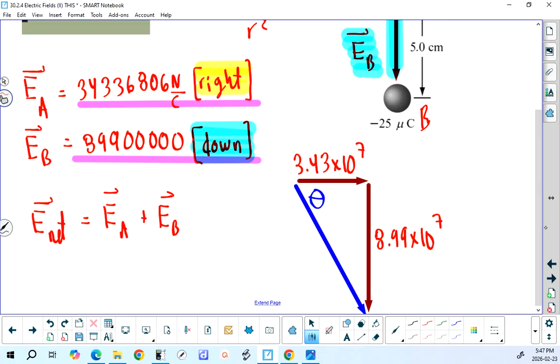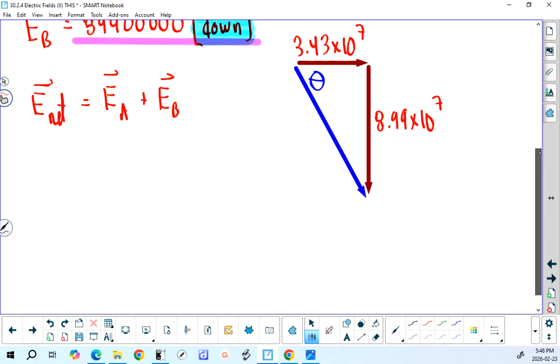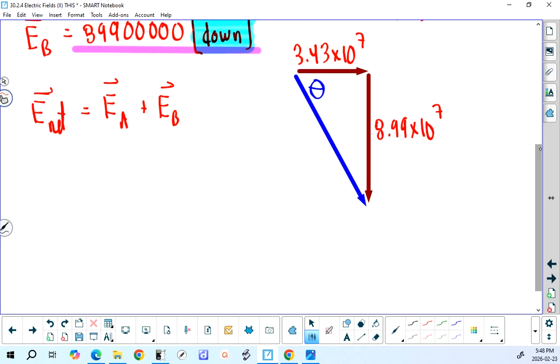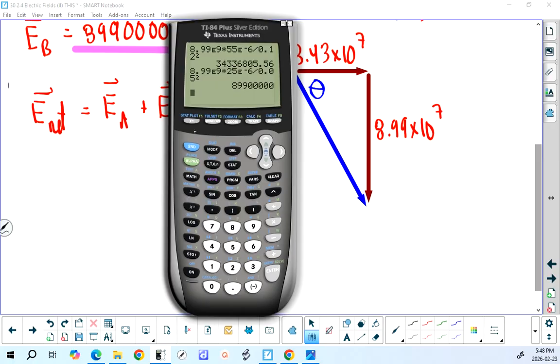So, what is the magnitude of this? Well, I've said in Physics 20, even back in Unit 1, I shouldn't always have to write down every step here. You're going to use the Pythagorean theorem to find the magnitude. I'm not going to write that down. I'm just going to go for it on my calculator.